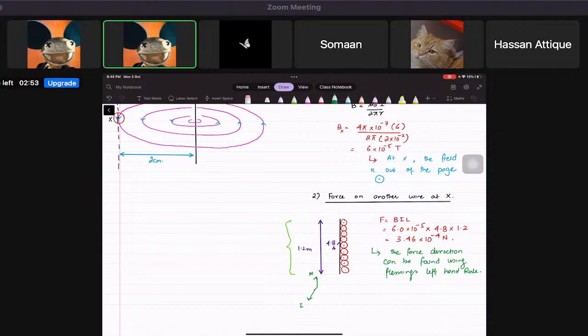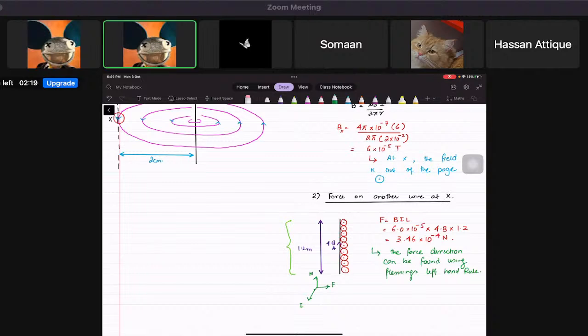Left or right? I think it should be right. Towards the right. Someone do it again. Check. So index finger out of the page, right? Index finger towards the out of the page. Yeah, so the middle finger is upwards, and then the thumb is right.